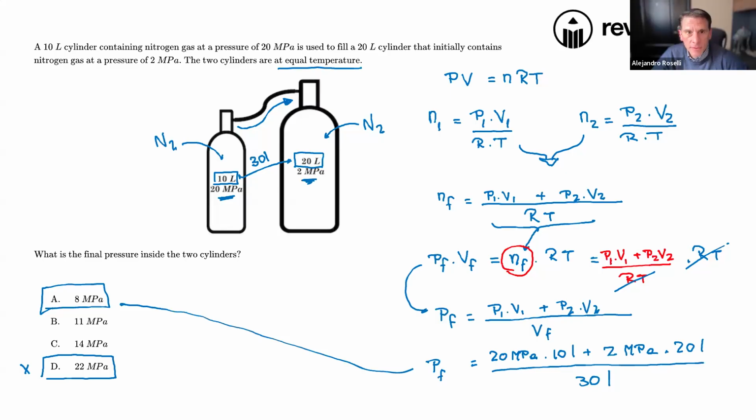That PV over T equal to a constant can only be used when it's one single gas with the same number of particles being transformed. And here we have a mixture of two gases. The total number of particles is changing. So you need to work with the complete gas equation here.